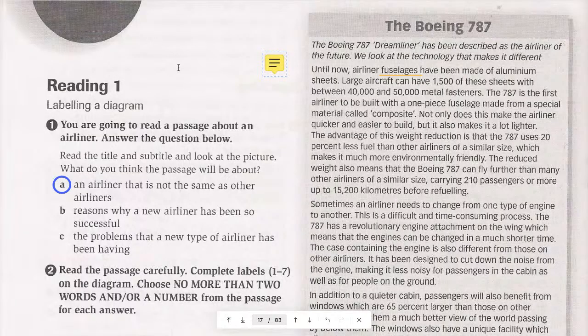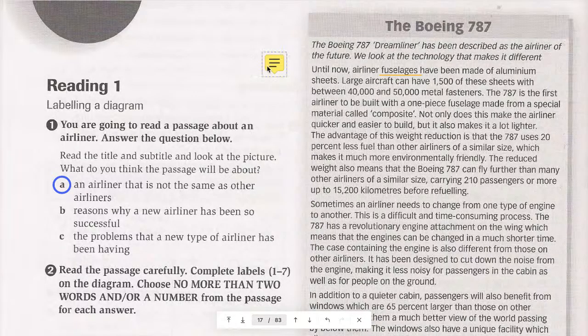Fuselage, that is a countable noun, okay? Main body of an aircraft, you can write somewhere. The first line, until now, airliner fuselages have been made of aluminum sheets. Large aircraft can have 1,500 of these sheets. Okay, so try to read them.